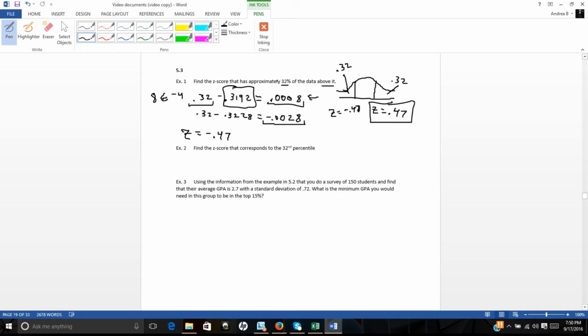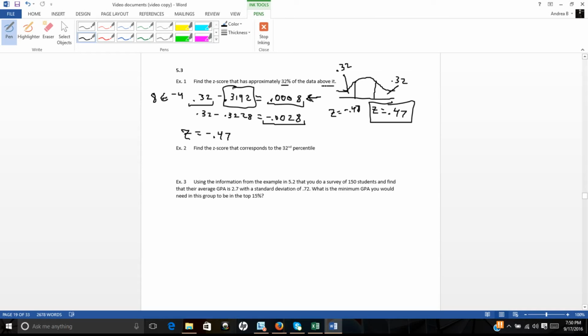So you'll want to look up your value. Once again, we converted that 32% to a decimal first, so that way we could then look up the area. And we had to look to see which one was closer to the 0.32. That top one there was closer. We found the z-score that corresponded to that value.